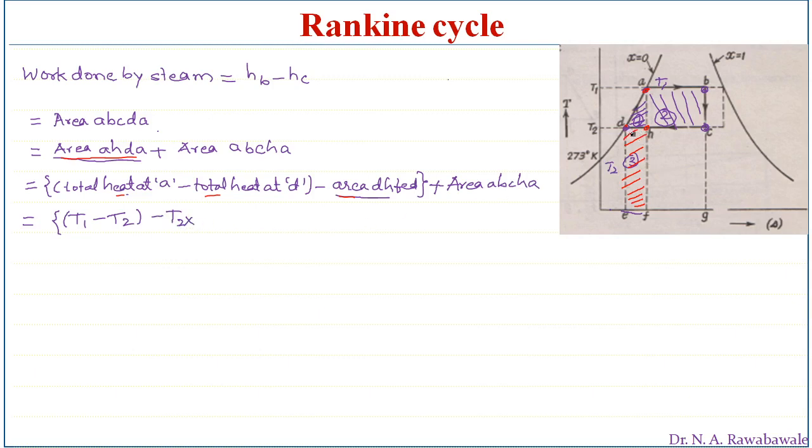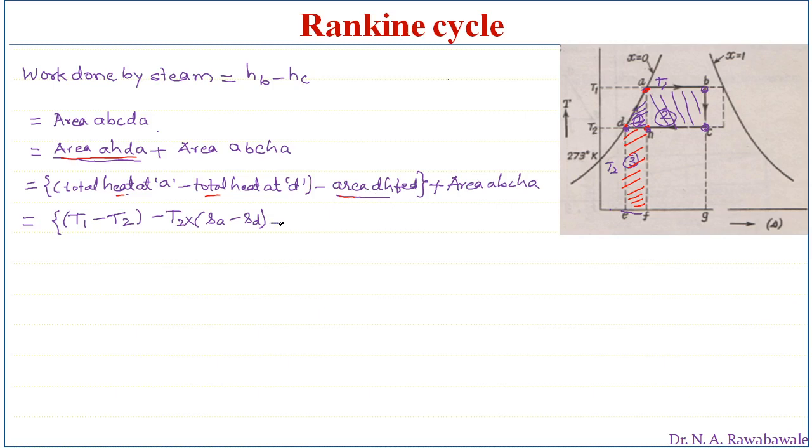Distance DH can be given as entropy at point A minus entropy at point D. Entropy at A is higher entropy minus lower entropy. So this distance is SA minus SD, which is the width of this rectangle, and the height is T2.